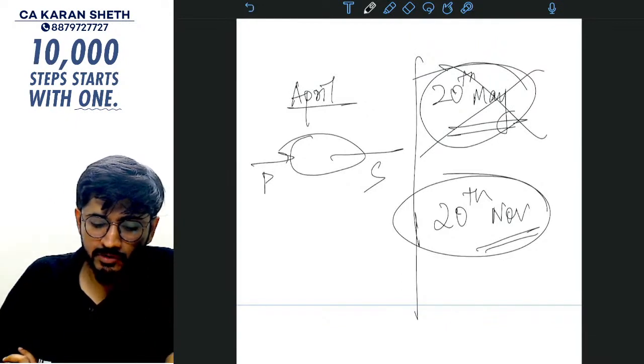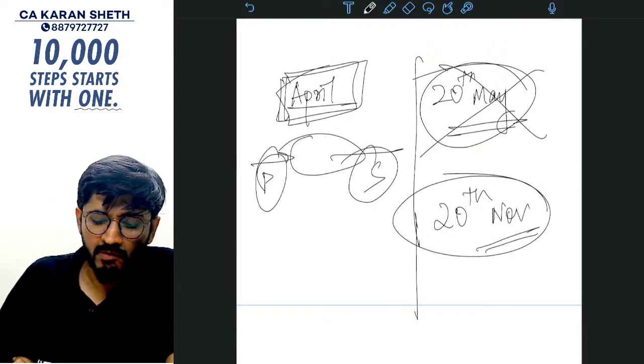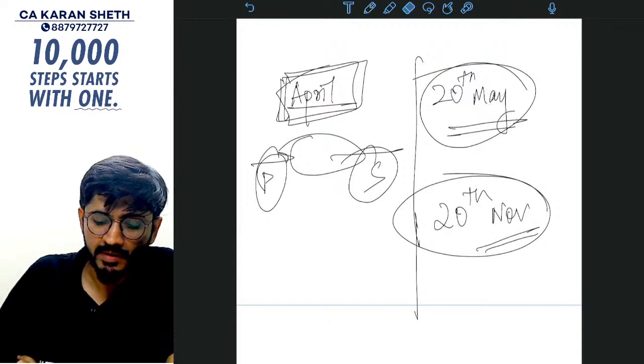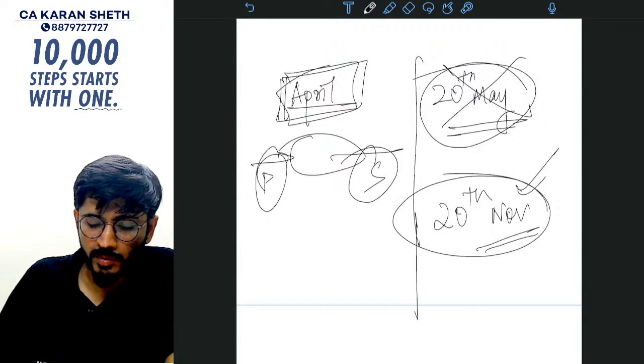So April का जो भी हिसाब किताब है, purchase and sale, I was supposed to show it on 20th May, but I did not show it on 20th May. I showed it on 20th November.